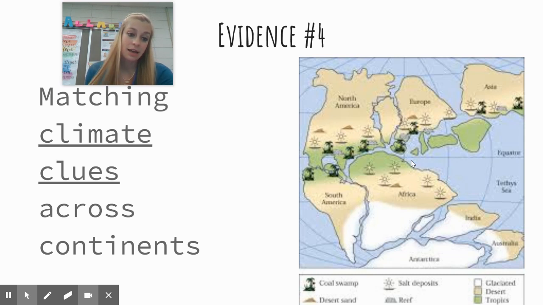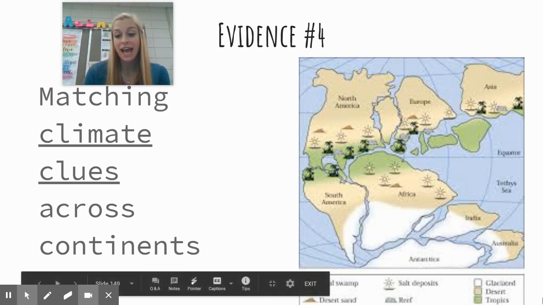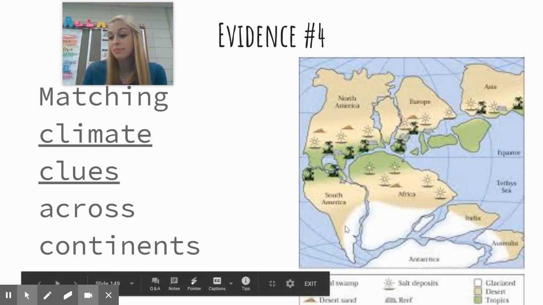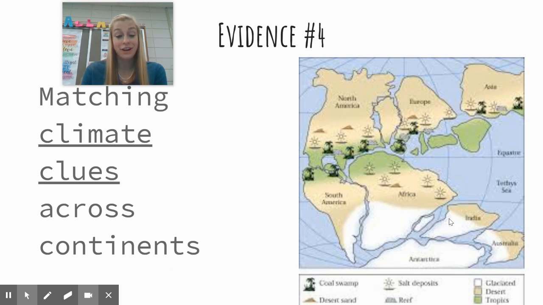Last evidence, matching climate clues across continents. What does that mean? That means that there's evidence of, oops, can you see my mouse? Okay, down here. There's evidence that there were once glaciers on Africa, South America, India, which there's no glaciers on anymore.